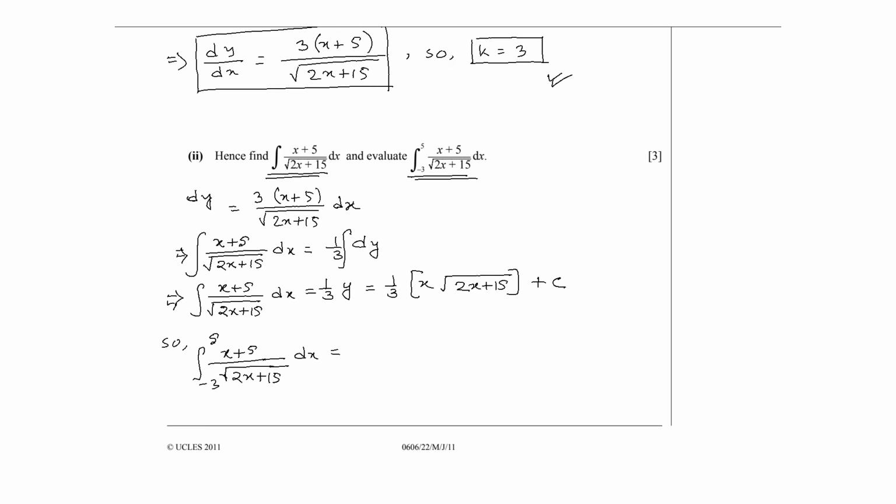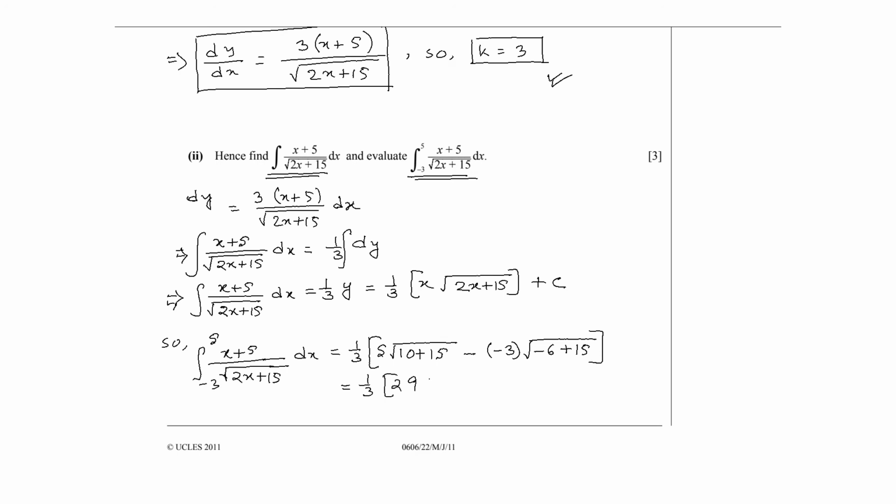So we can write 1/3, then square bracket, let's put the 5 first, 5 times square root of 10 plus 15 and minus, now let's use the value minus 3, minus 3 times square root of minus 6 plus 15. So it would give us 1/3 of 25.